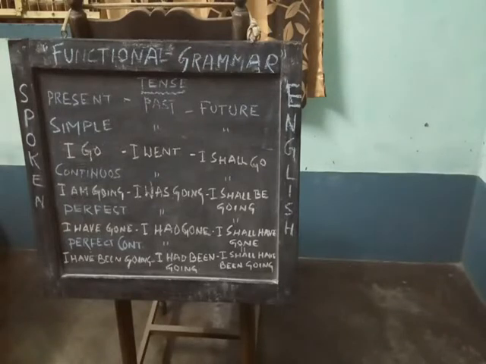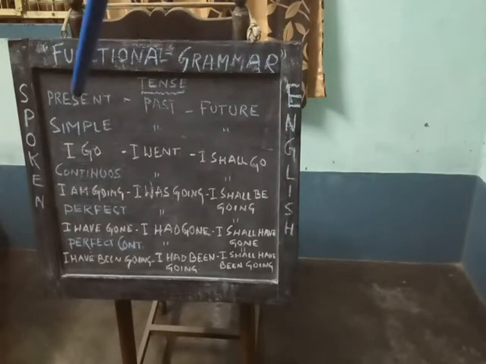I know that all of you know what present, past and future tense are. Now these tenses have their divisions also. What are the divisions? There are 4 divisions of each tense. I am just entering a little deep. I will not go too deep into this subject, but a little depth is required for each of my students.